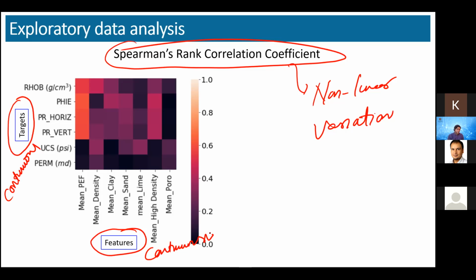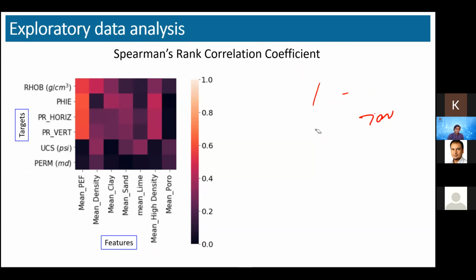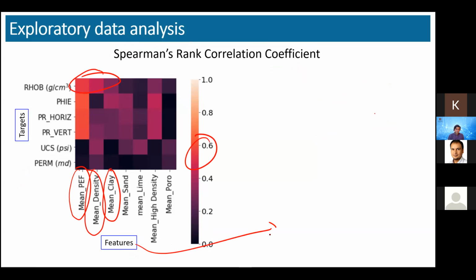One thing that stands out here, if you look at these plots, if you look at target, row B has around 0.6 to 0.5 correlation with mean PEF, mean density, and mean clay. These features were derived from CT scan. Who derived it?